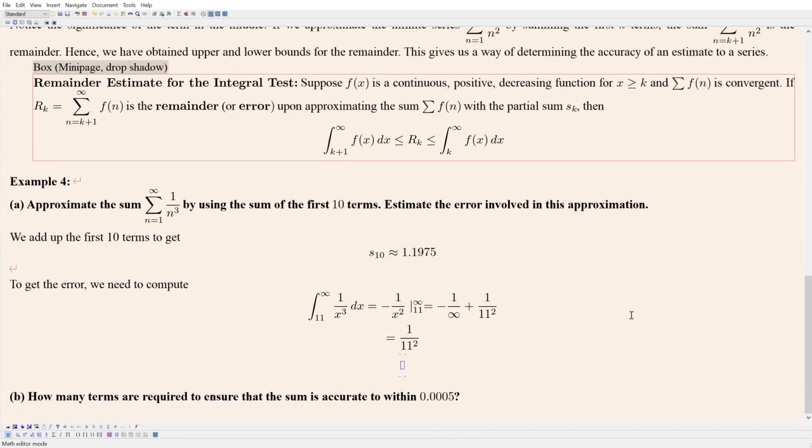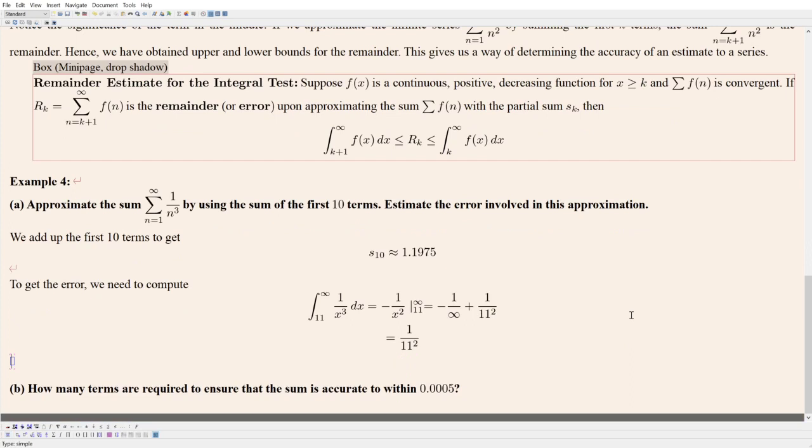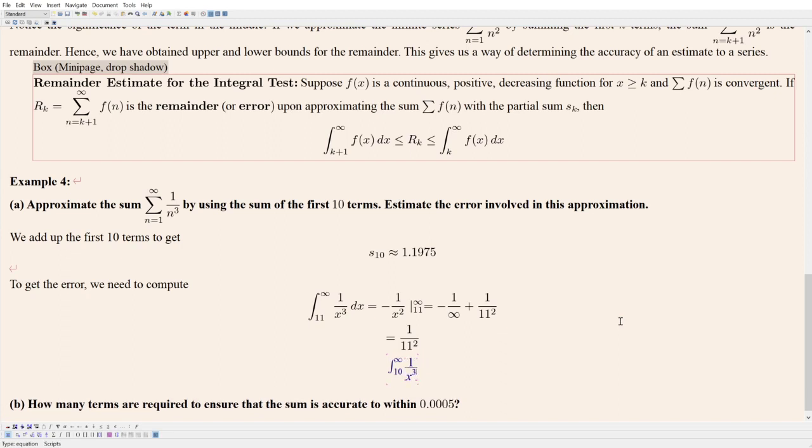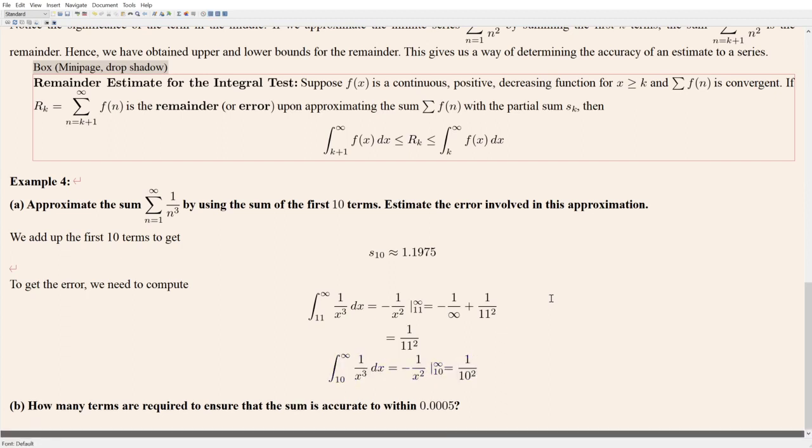So that's going to be the lower bound. As for the upper bound, k is 10 in this case. So once again, this just becomes 0 plus that.